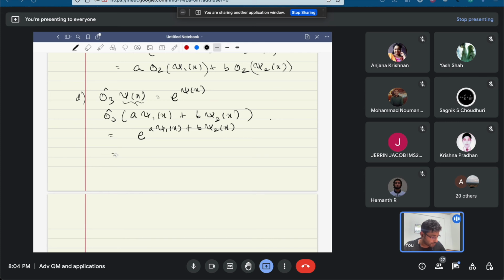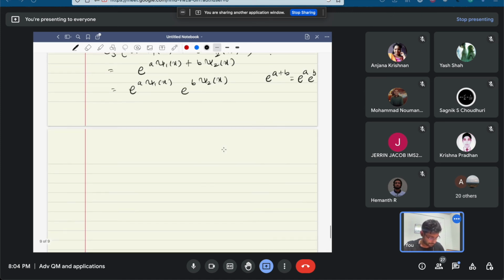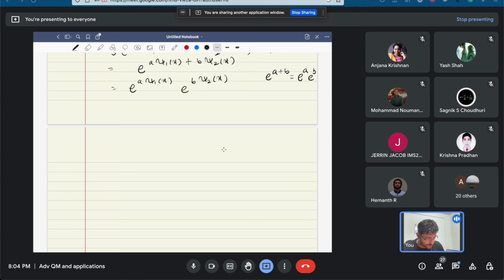You know e to the power a plus b can be written in the form e to the power a into e to the power b. So this can be written as e to the power a psi 1 of x times e to the power b psi 2 of x. Okay, so essentially you can write it in this form.